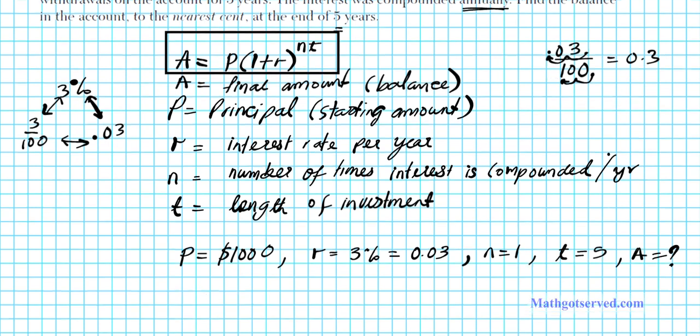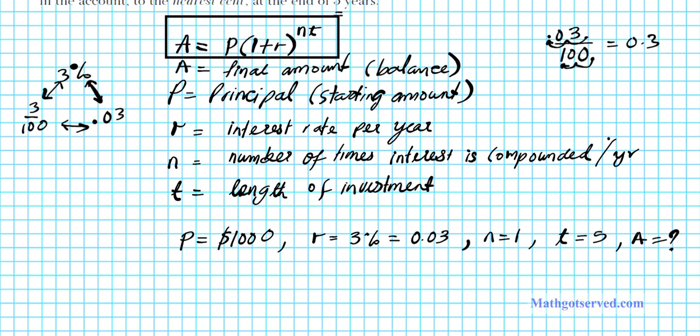So we're going to have her final balance, A, is equal to the principal, which is 1,000, times 1 plus the rate, 0.03, not 3, please, raised to the nt, which is 1 times 5. So we're going to have 1,000 times 1.03 raised to the 5th power.